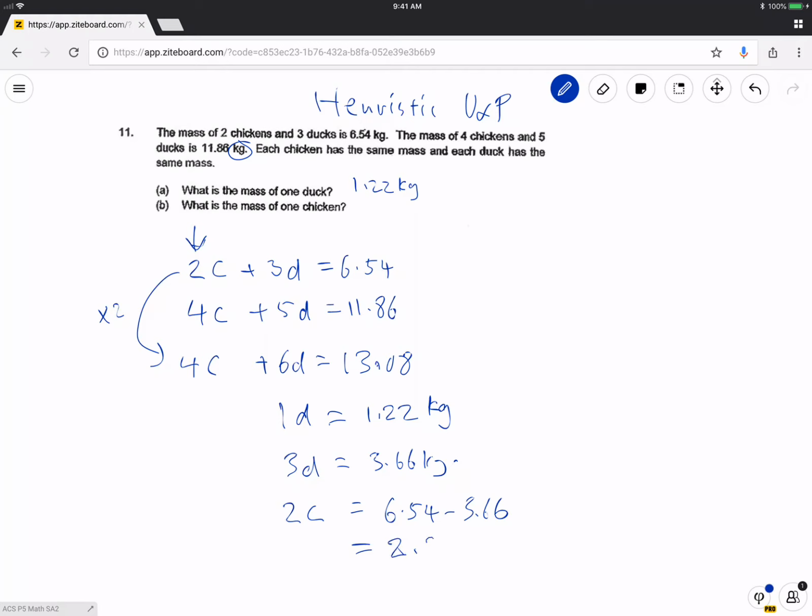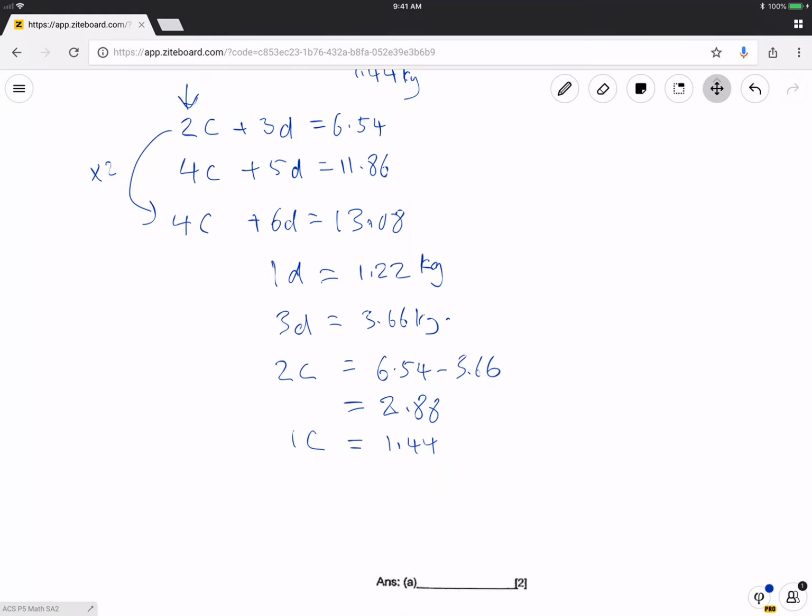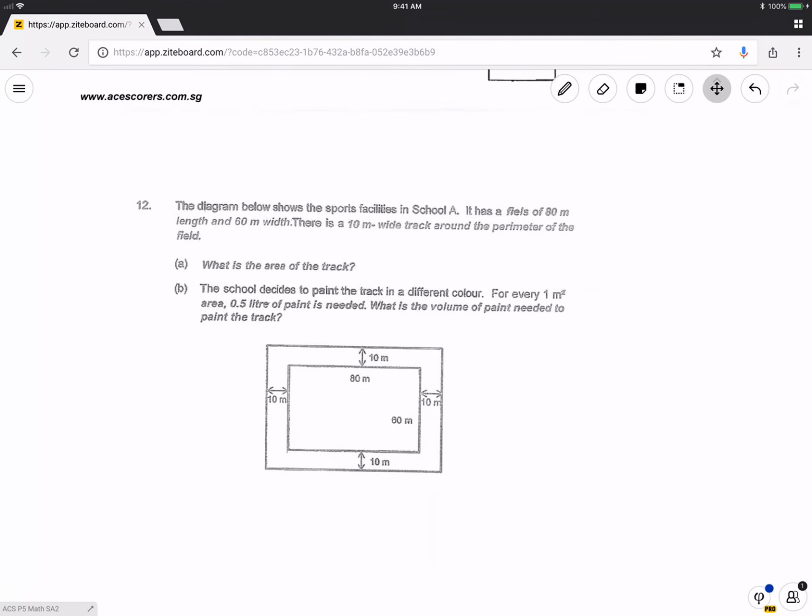Must be Chinese, like the 8866, all these numbers. So 2 chicken is 2.88. So 1 chicken will be 1.44 kilogram. Okay, next.